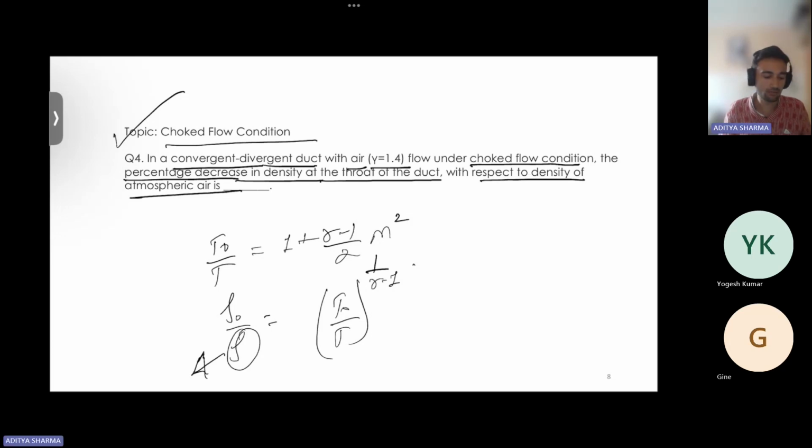So to have rho naught at the throat doesn't mean anything. Here we are concerned with the static density at the throat, and rho naught we have been given, and we need to find just this rho star, all right.